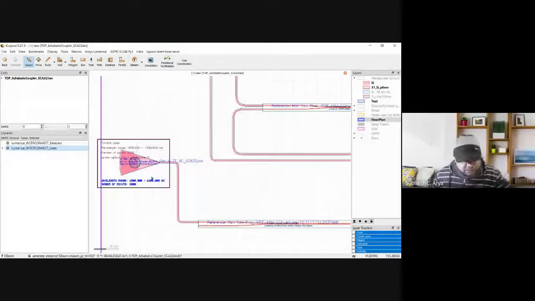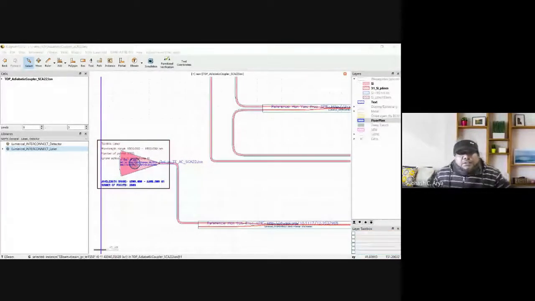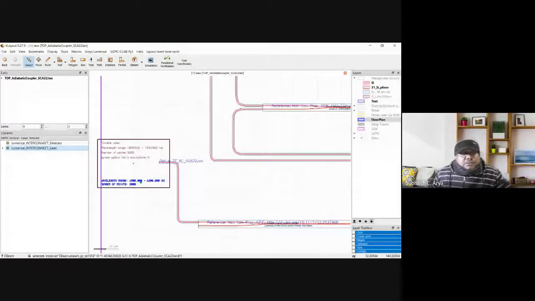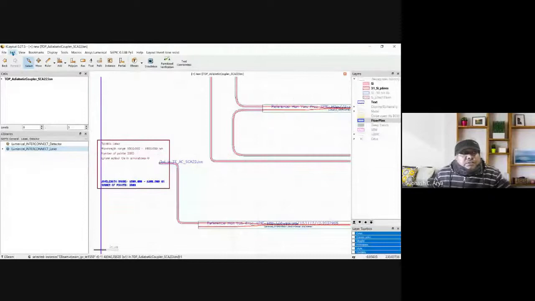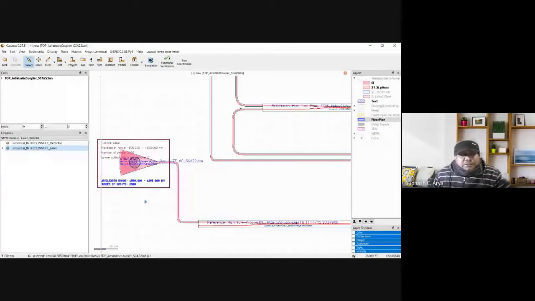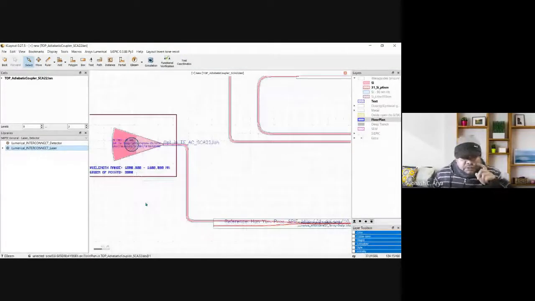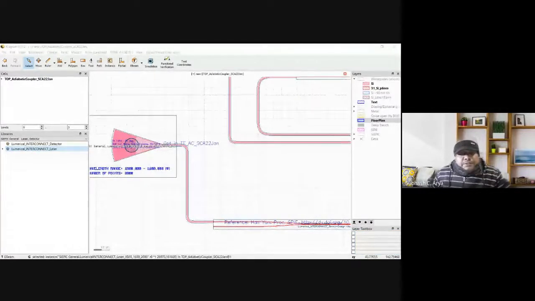Now I want this laser. So control apply changes. Yeah, Q. Yeah, cell property. 40E mode 1 or 40E mode 2. So whenever I am going to select another laser, I have to put this as 2.